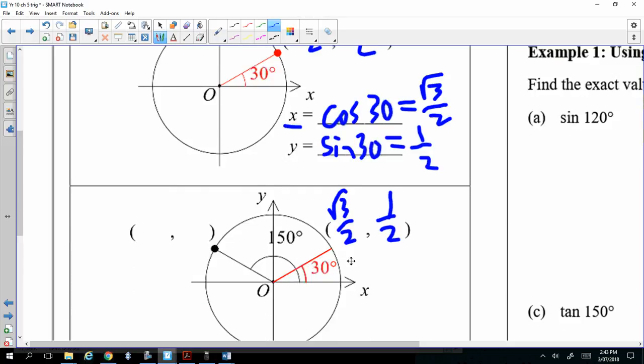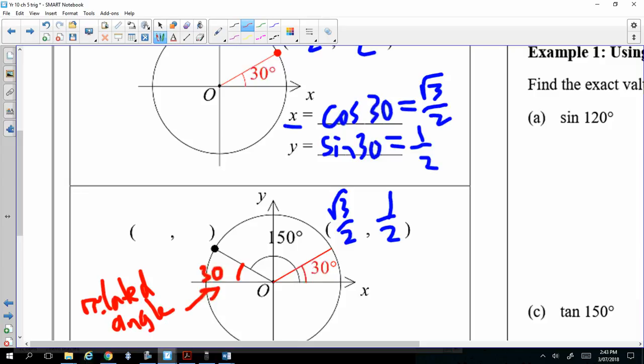That angle has a special name called the related angle. It's related to this angle. Okay? Now, so therefore, what would the connection between the coordinates? It's a reflection, therefore they must have the same y value. They're both half, but the x value got changed. Negative root 3 over 2.